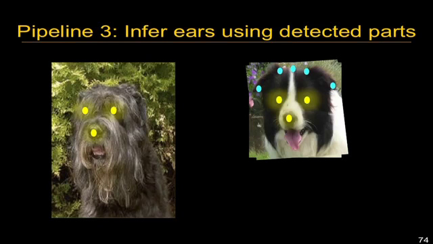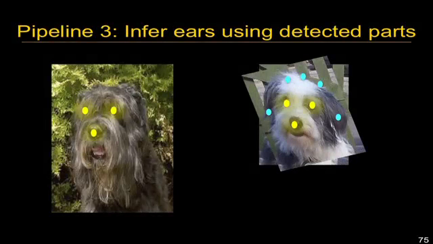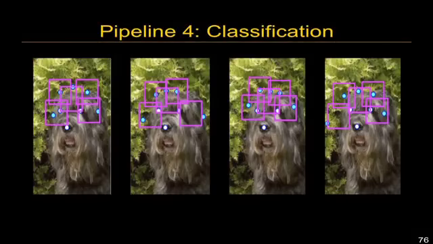We can line that model up with our query image and say, okay, if this were right, then we would know that the ears would be up top here. If this was the right breed, then we'd infer the location of the ears in a different place. So for every breed, we have a different set of ear locations as well as the eyes and nose location.